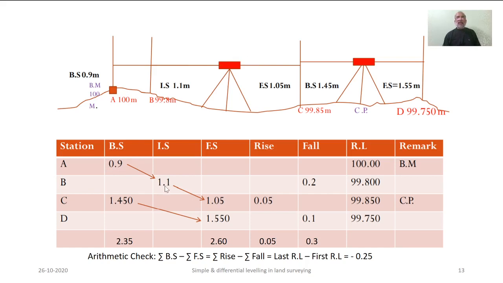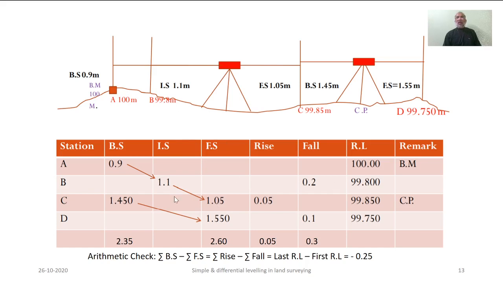That means here, being this reading more, there has to be a fall. As we work out the difference, it comes to be 0.2 meter, and here it is entered as fall. Now, as we discussed previously, being a fall, it should be treated as negative and it should be deducted from the previous RL. So 100 minus 0.2, which is nothing but 99.8, is the RL of station B.